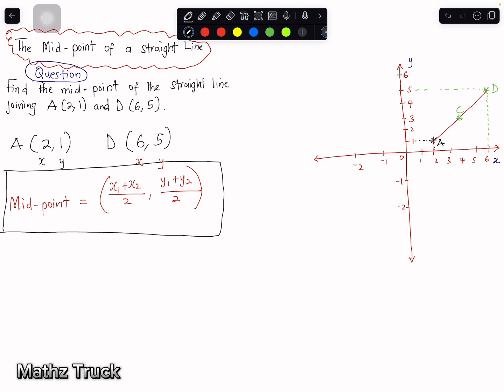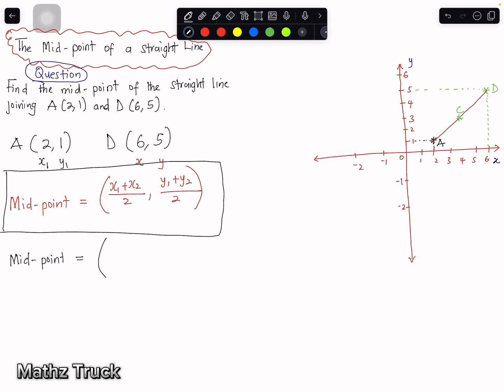Now, to put these coordinates into the formula, we can say that this is going to be x1, this is going to be y1.